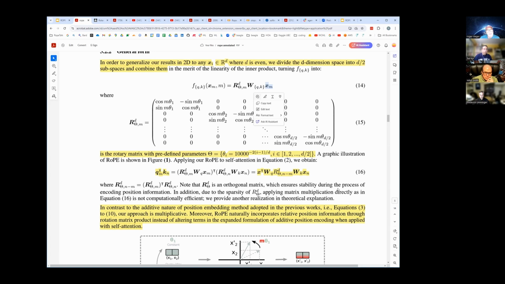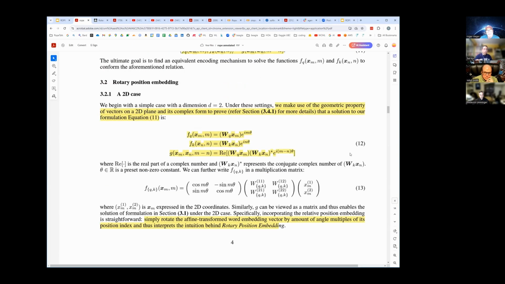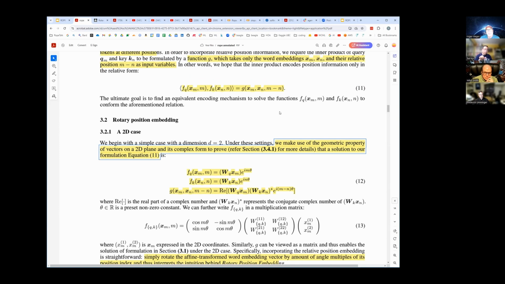At the risk of beating a dead horse, for the equation up above with that G, what they're really saying is they wanted an embedding with an invariance where, say, the words dog and cat are 3 words apart. The attention score will be identical whether it's the 1st and 4th word, the 10th and 13th word, or the 100th and 103rd word.